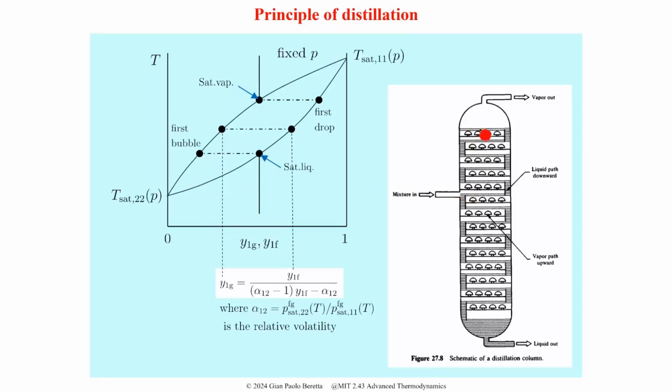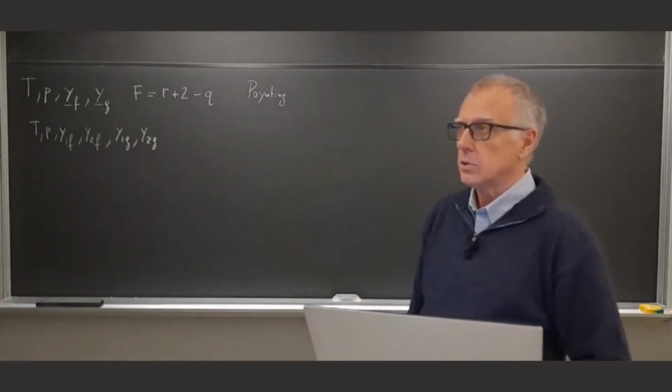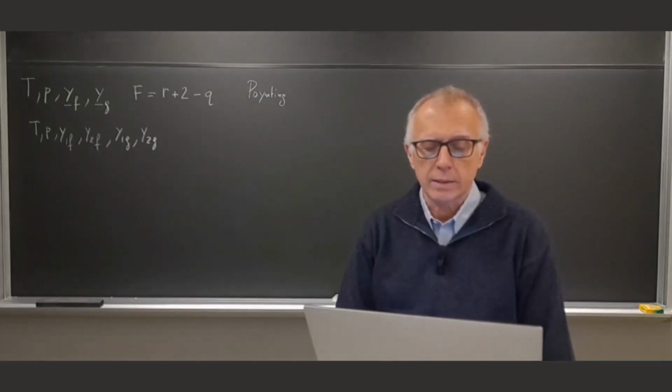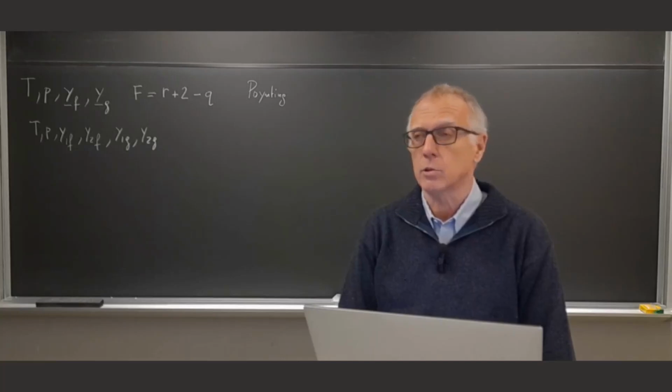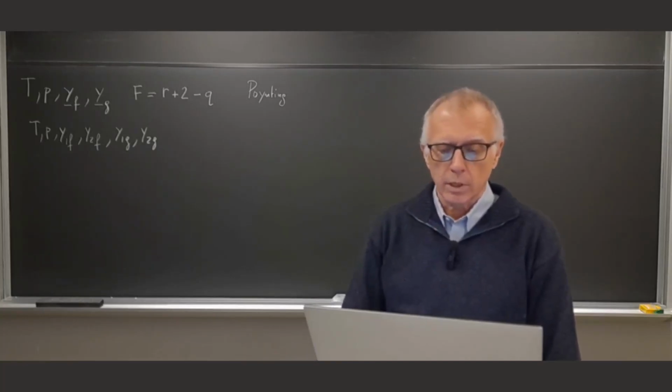You can continue as much as you need in order to obtain up to 99%. For example, this is how they get 96 volume percent alcohol that is used to make liquors. Okay.